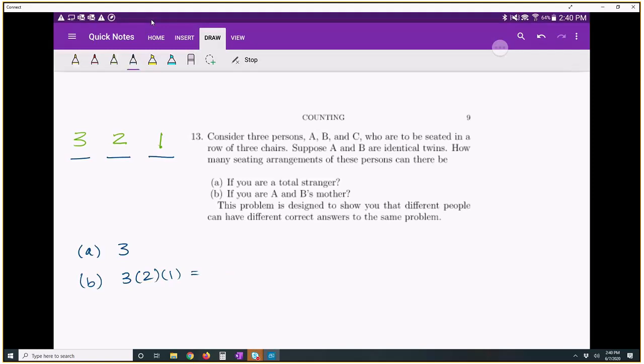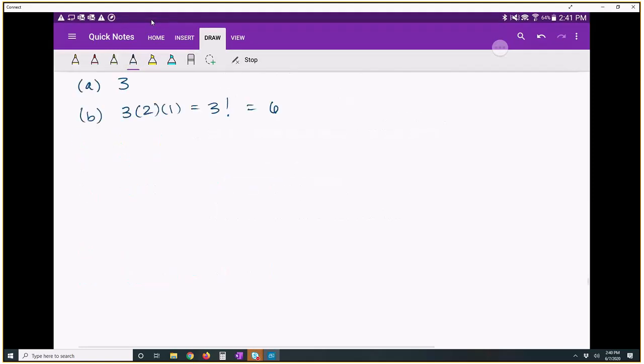I want to use the factorial notation again. This is 3 factorial, or 6 possible seating arrangements. So this problem is designed to show you that different people could have different correct answers to a question like this.